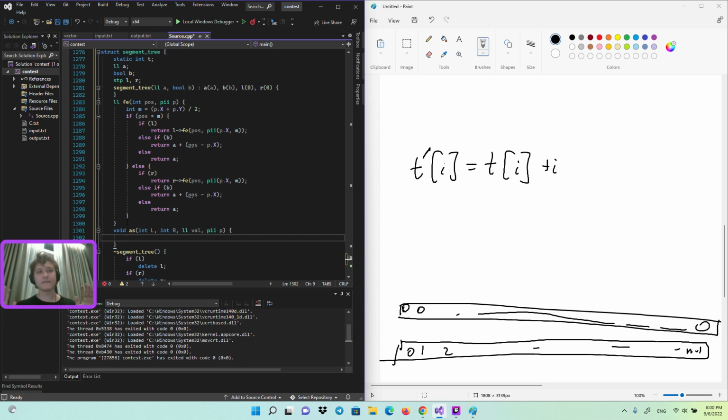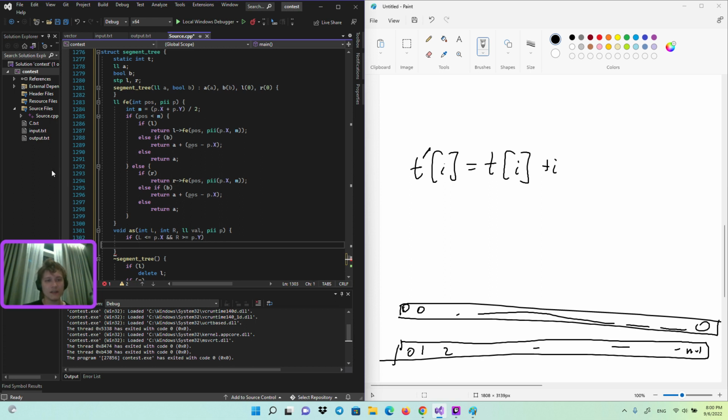So first of all, if we are fully contained in the segment LR, then we just change it. Yes, if L is at most p dot x and R is at least p dot y, then we are just contained in this large segment. What do we do then?